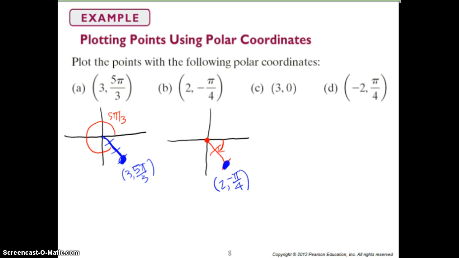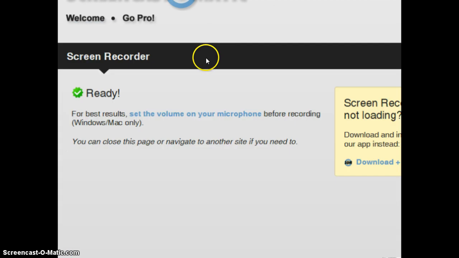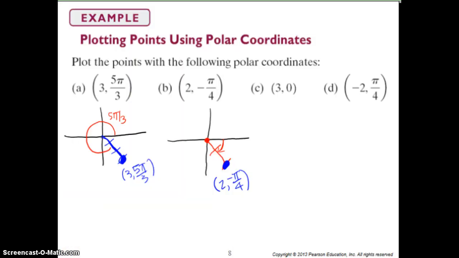Let's pause this again, having some problems. Okay, so if we have a really simple one, and we just want to find the polar coordinates of 3, 0, we're going to draw our grid again, and remember 3 would be our R, 0 is our theta.